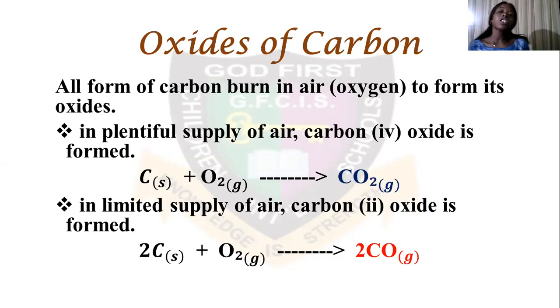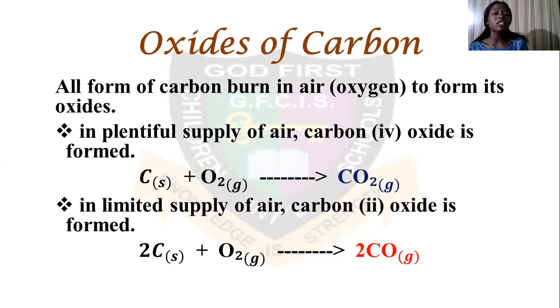Now, these oxides are formed when carbon or any carbon-containing substance burns in air, that is oxygen. Oxygen is the active part of air. So when these substances burn in air or oxygen, they form oxides. Now, in plentiful supply of air, or excess oxygen, carbon 4 oxide will be formed.